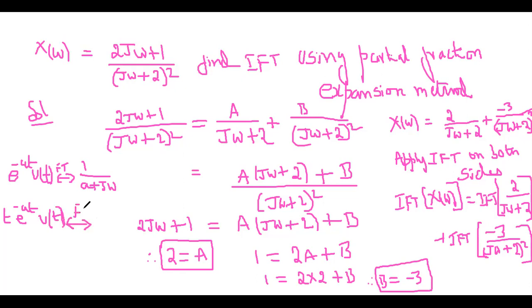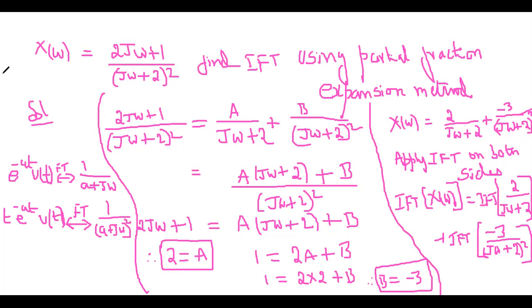The Fourier transformation is 1 by a plus j omega whole square. Okay, my dear students. See, by using this Fourier transformations of the time domain signals into frequency domain signals, but here the frequency domain signals you have to convert into the time domain.